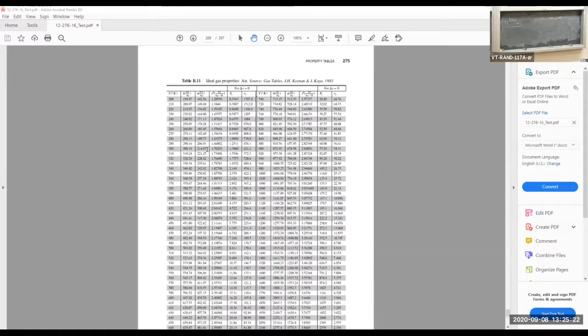So let me write that down over here on the board. U2 is u evaluated at a temperature of 300 Kelvin, and that's 214.07 kilojoules per kilogram.